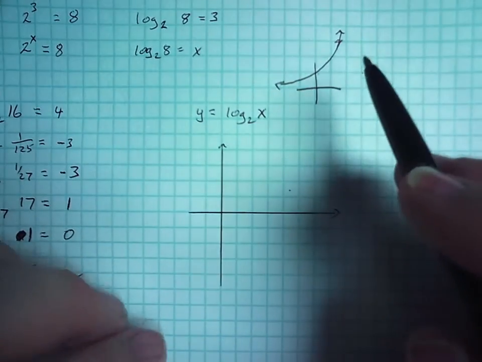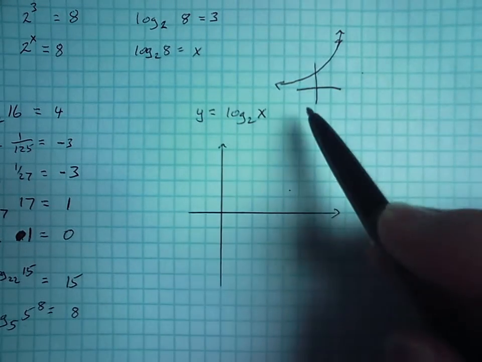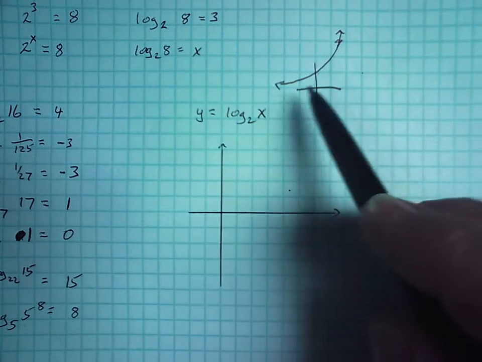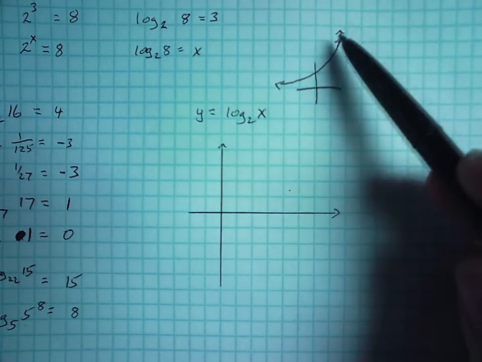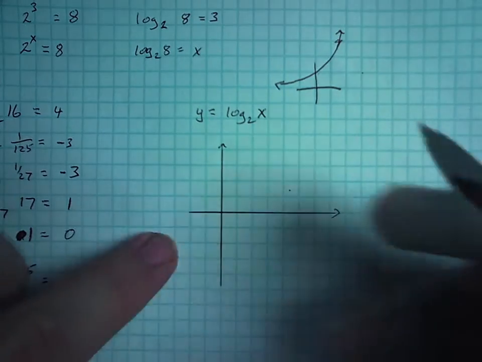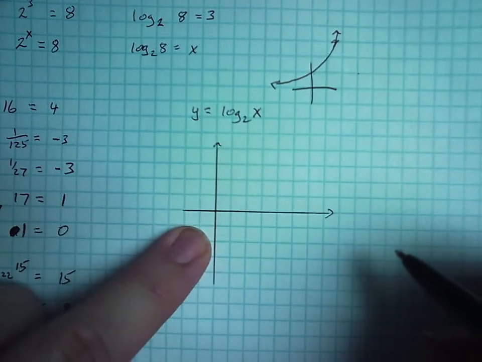So we're looking for a similar shape, but reflected over onto its side. So we're expecting a vertical asymptote, and instead of going up, it's going to go off to the right. So let me find a few points on here.